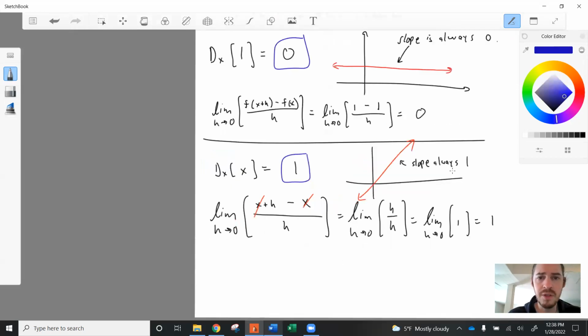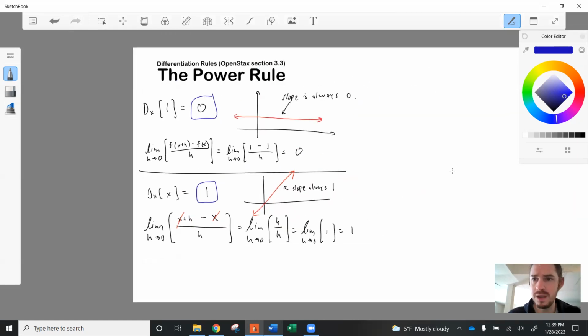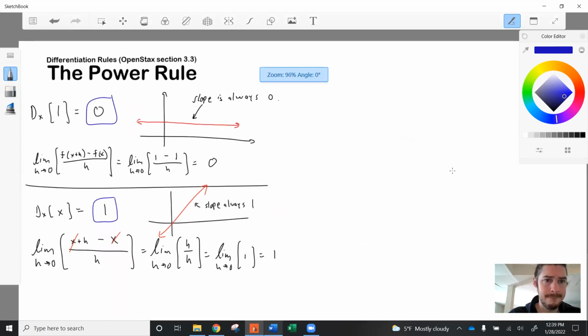Okay, so far we had the derivative of 1 is 0. The derivative of x is 1. What's next? Let's see what else we can do. Let's look at the derivative of x squared.